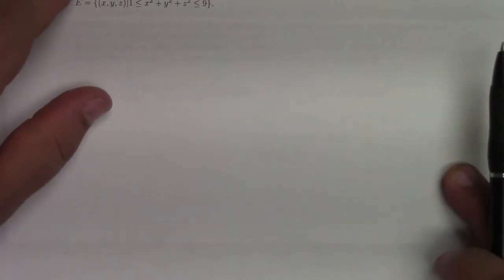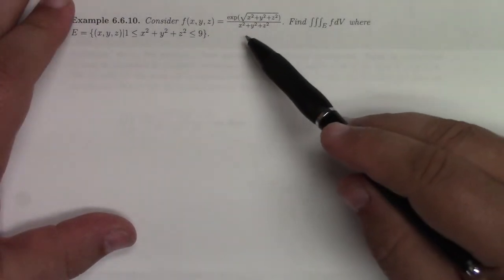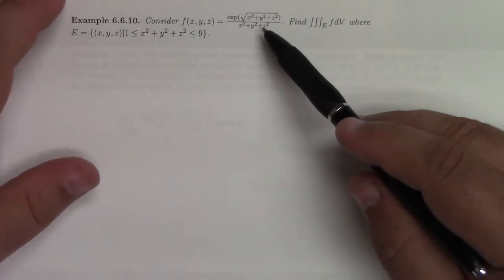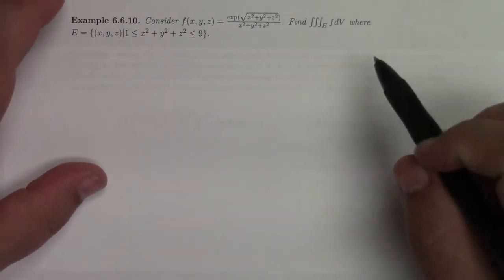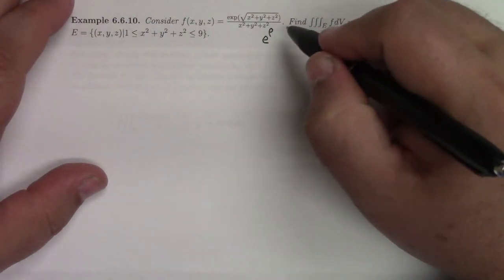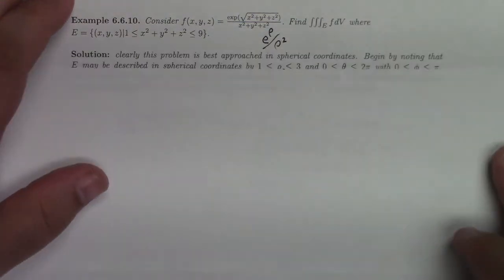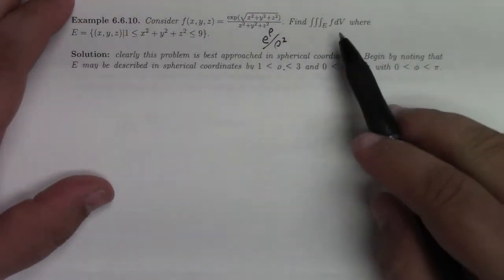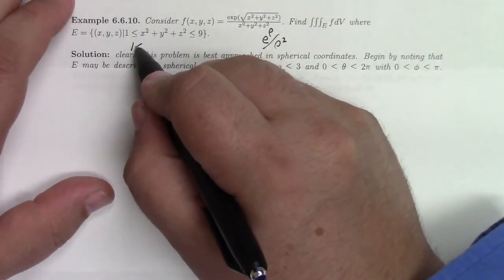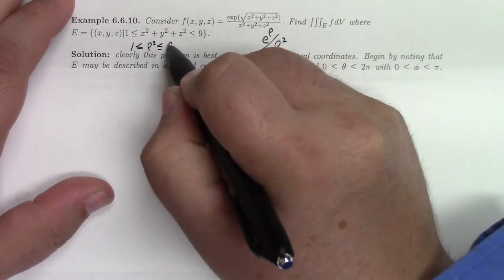This next one screams spherical coordinates at you. Consider this integral of the exponential of the square root of x squared plus y squared plus z squared over x squared plus y squared plus z squared. So this is e to the rho over rho squared in spherical coordinates, right? And the integration region is nothing more than 1 less than or equal to rho squared less than or equal to 9.